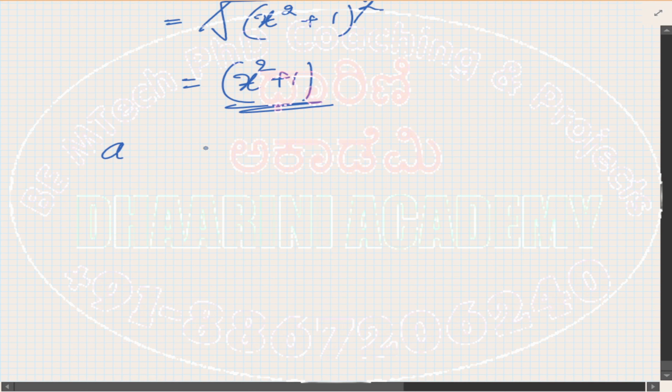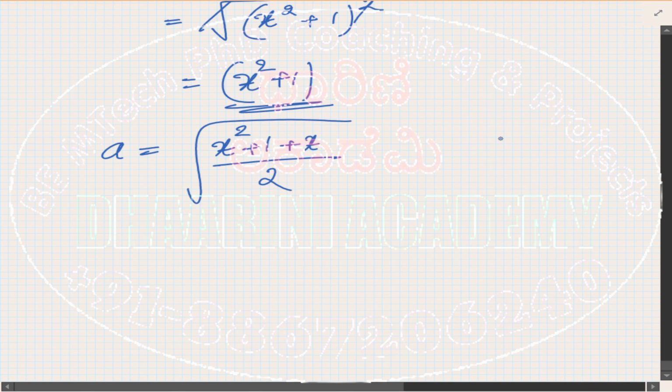That's right. So a is equal to, magnitude is x square plus 1, then real of z is equal to x, so x square plus 1 plus x by 2 under root. Similarly, b is equal to x square plus 1 is the magnitude minus real part, that is x, whole divided by 2 under root.